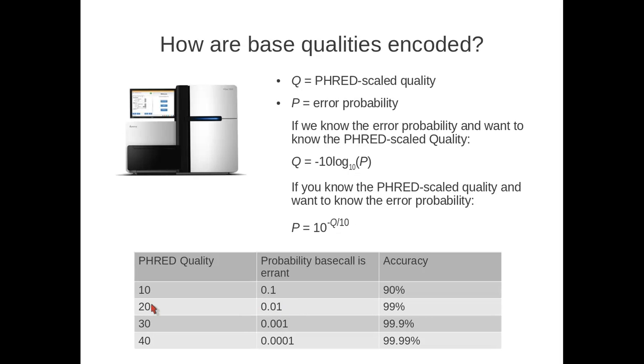In other words, a 20 is better because it's a lower probability that it's an error. So 30 is a 1 in 1,000 probability that the base is an error, and 40 is 1 in 10,000.